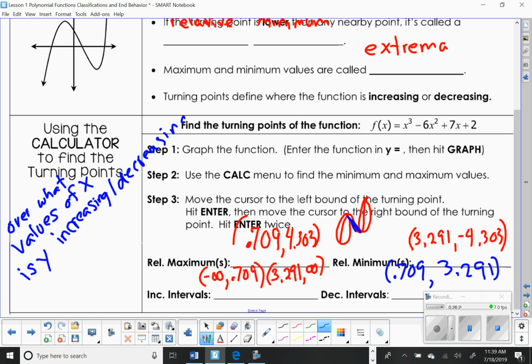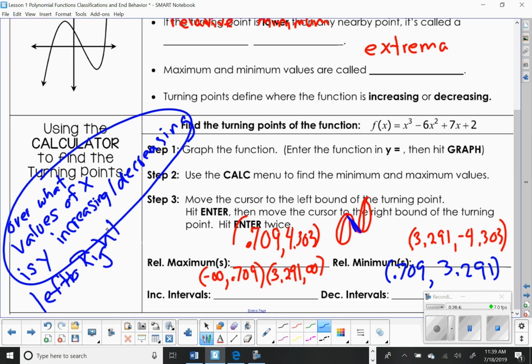Okay, when you're asked for those increasing and decreasing intervals, rewrite this out next to it. Over what values of x? So yes, you're looking where y maxes or mins, but you're asking over what values of x from left to right. And you could have more than one increasing, more than one decreasing. If it's not increasing or decreasing, it's constant.